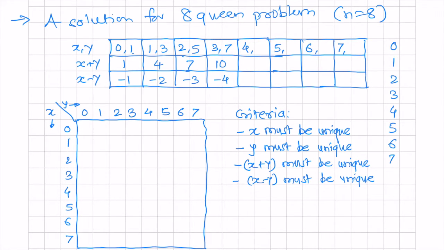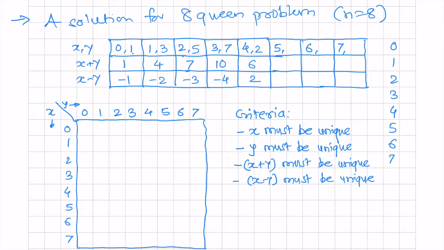Now for 4, let's see which values I can use. I can't use 0 because then the sum will be 4. Can I use 1? Oh, I can't use 1 here because 1 is already used. So I will use 2. The sum is 6, the difference is 2.